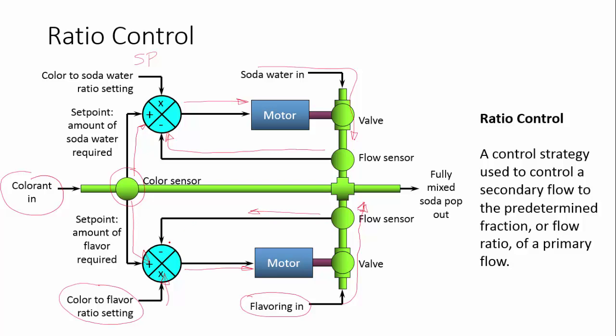I'm looking at the comparison of how much colorant versus how much flavoring, and it's a ratio, so that at this point, I've got a good ratio, or a good mix, of soda water, colorant, and flavoring. So it's all done with ratios and ratio controls.